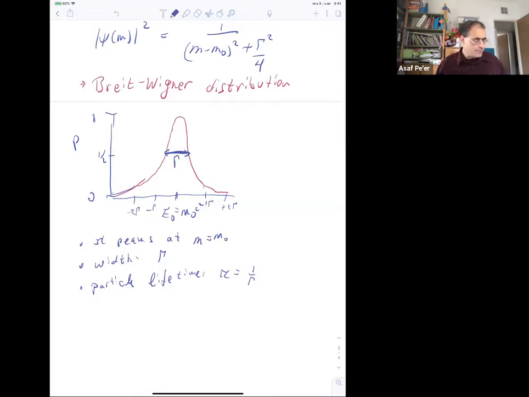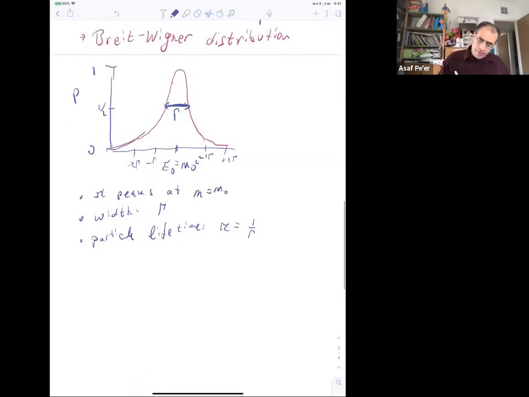It's narrow. A few more comments: gamma is the important thing. It sounds a little bit non-intuitive, but gamma is a characteristic of the particle. It's not the measurement. It's the actual particle's mass.